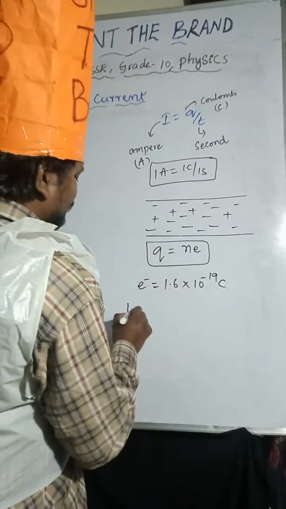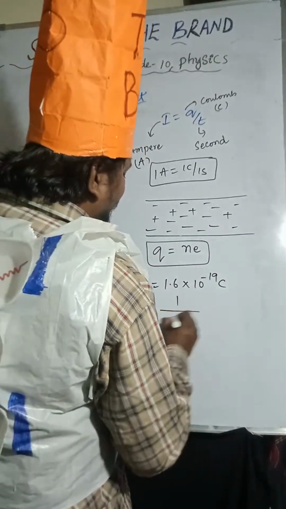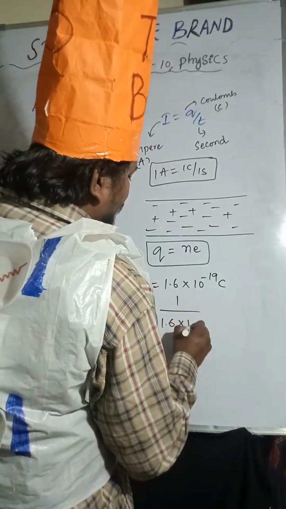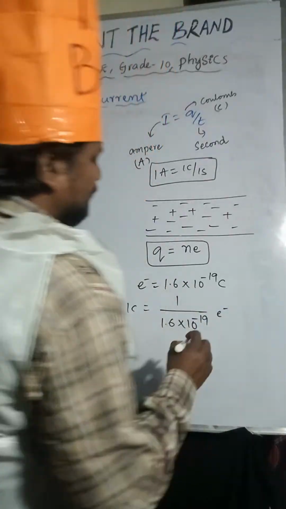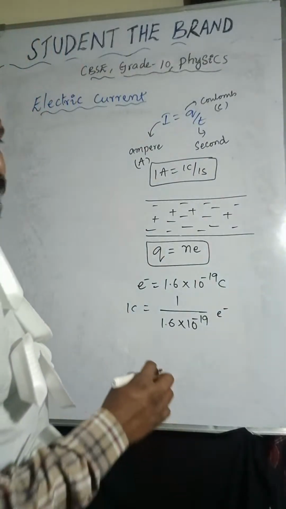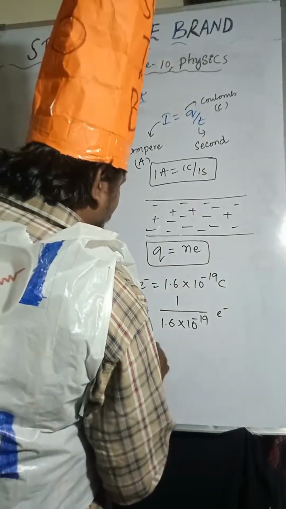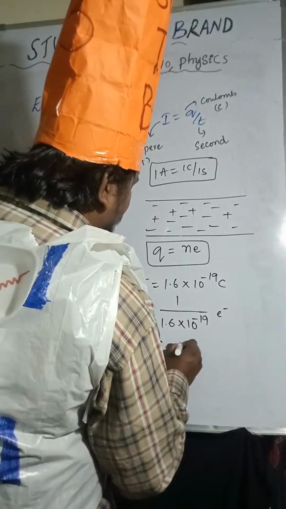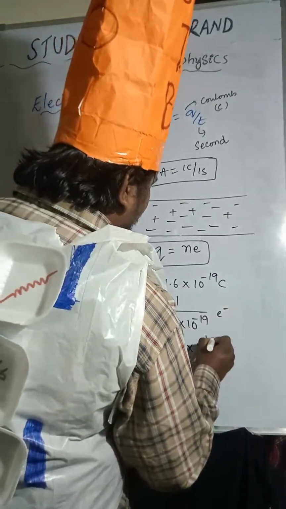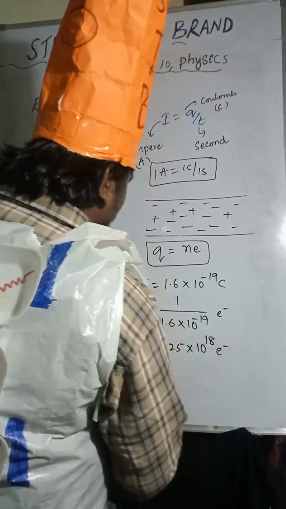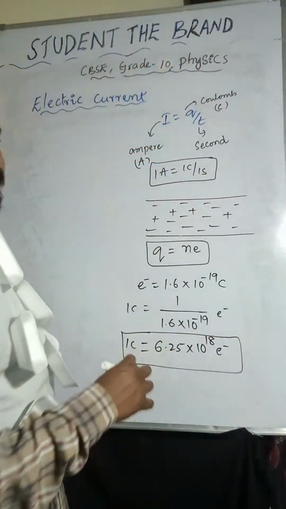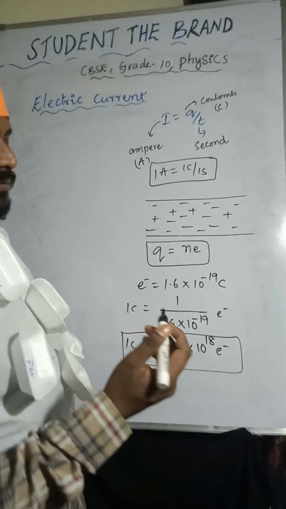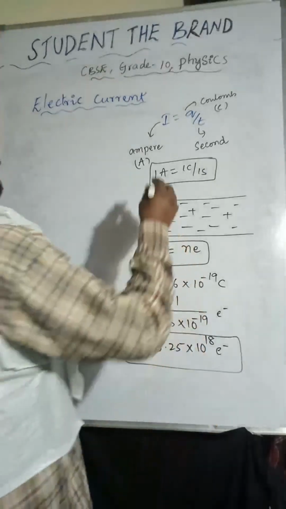In 1 coulomb, 1 by 1.6 into 10 power minus 19, that is 6.25 into 10 power 18 electrons are present. So these two are very, very important. So you have to learn.